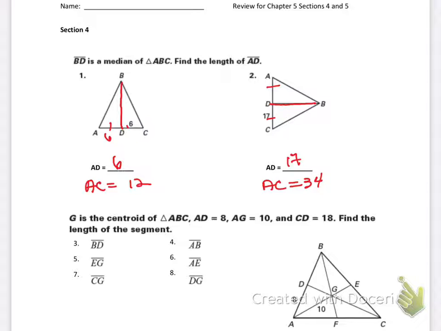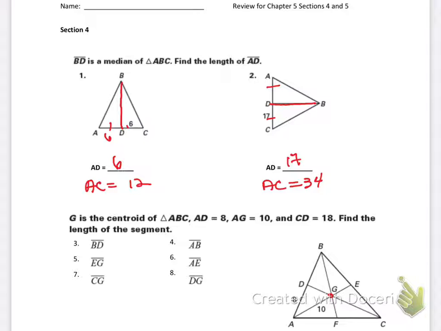All right, so this question that covers 3 through 8 is the classic question. The way I want you to handle this is, first off, I would mark the centroid. The centroid is where the medians all intersect, and it's always going to be inside the triangle. Okay, so that's there. Then I would start filling in some things.